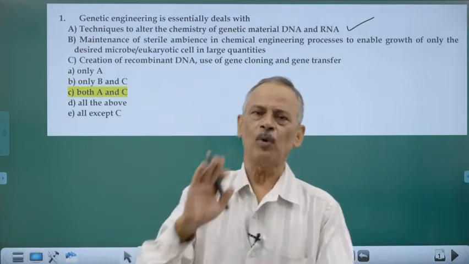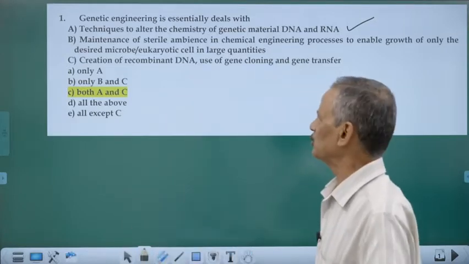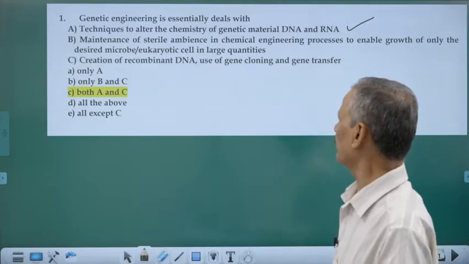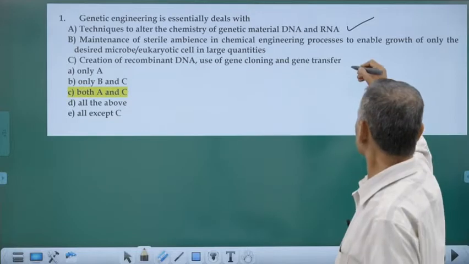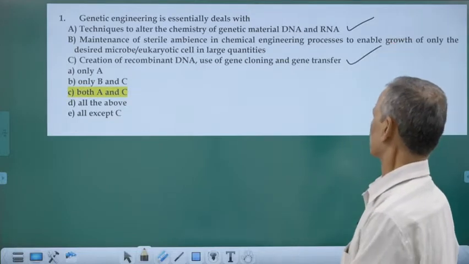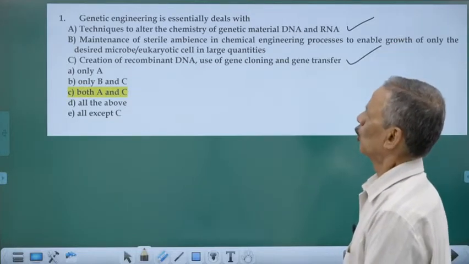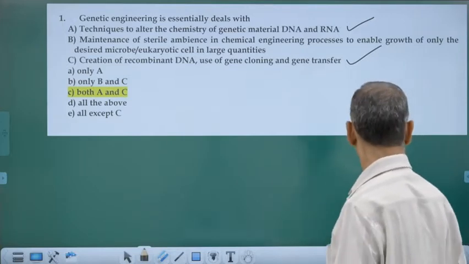That is the most important technique in genetic engineering. So, creation of that recombinant DNA, use of gene cloning and gene transfer. So, both A and C are the correct options.